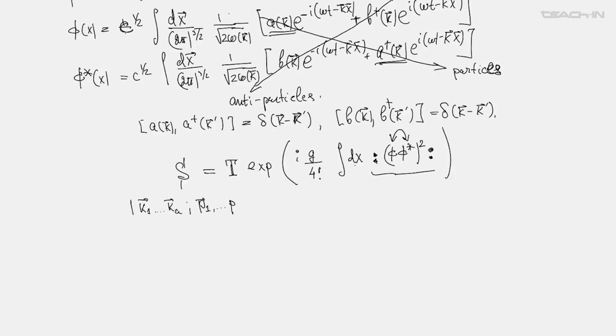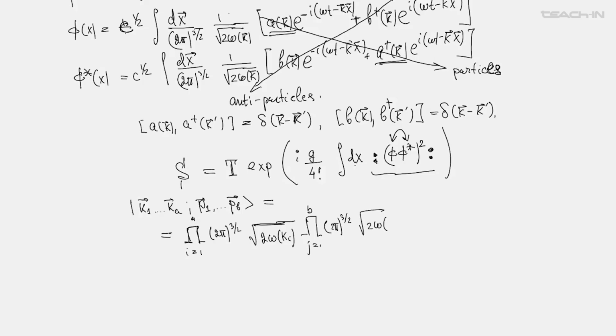If I want this state to be Lorentz invariant, I have to write it with certain prefactors, which we discussed in our quantum field theory 1 course: 2 pi to the power 3 over 2 times the square root of 2 omega of p_j, and then creation operators which act on the Fock vacuum.